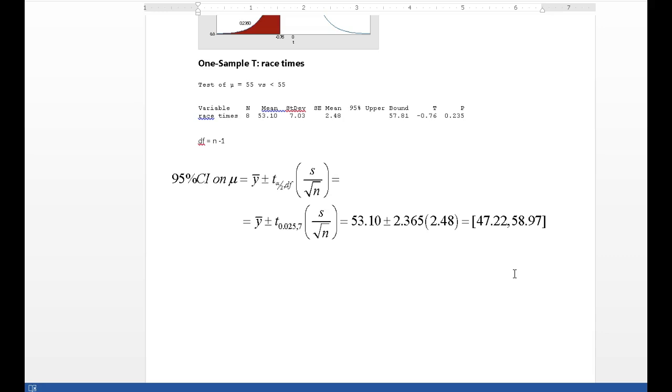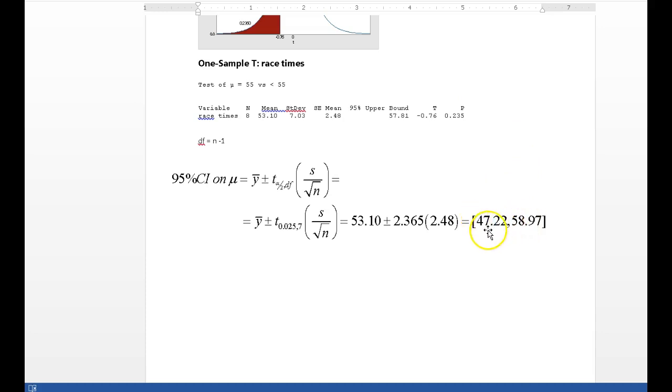Now, if I was answering this question from the point of view of the confidence interval, I'm going to come to the same conclusion as the test of hypothesis. The test of hypothesis said my p-value is larger than 0.05. I failed to reject, and by failing to reject, really what I'm saying is that there's not enough evidence to say he can race this course in less than an average of 55 seconds.